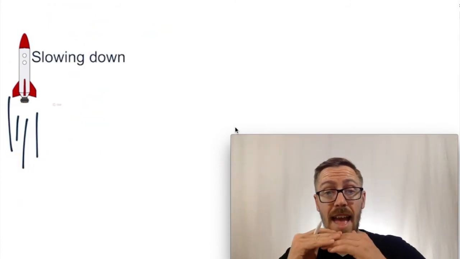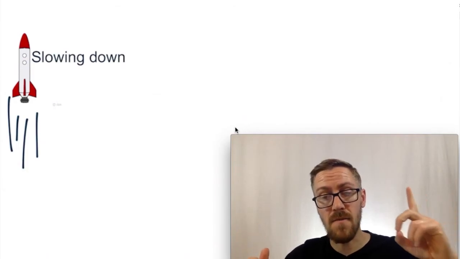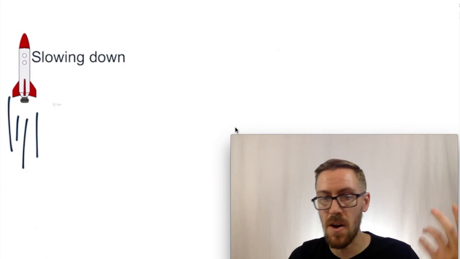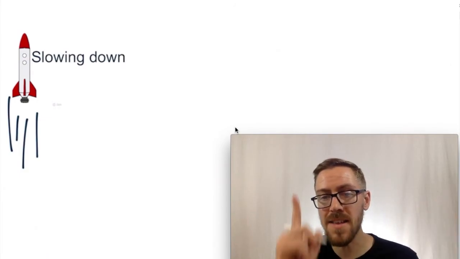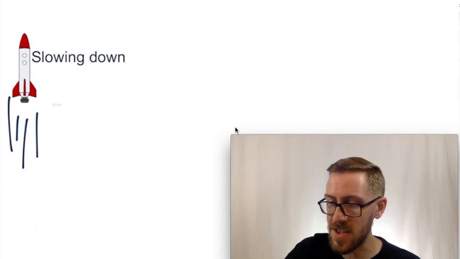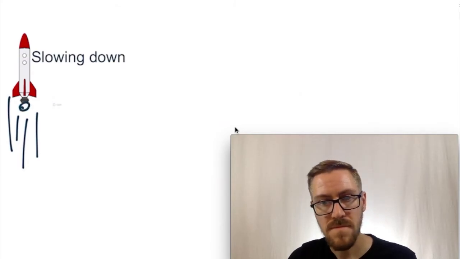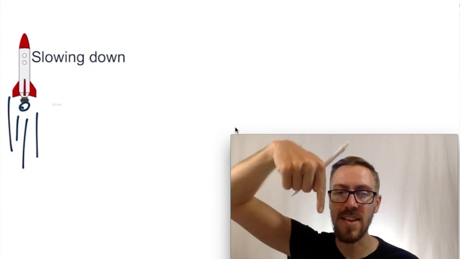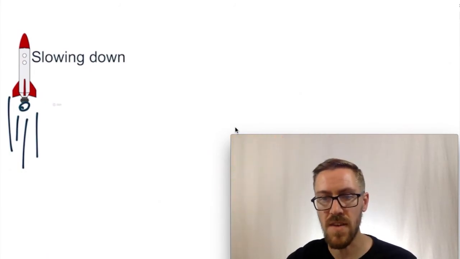Now, after the engine cuts out, that rocket will keep going upward until gravity slows it all the way down. So on its way up still with engine cut, it's still moving upward, but its velocity is changing in a downward direction.